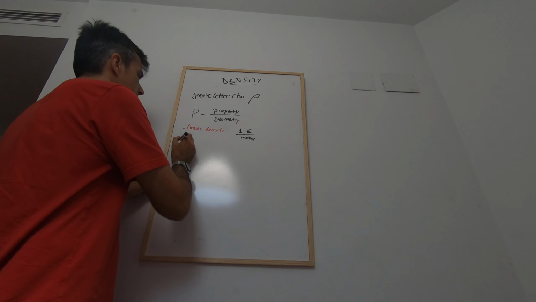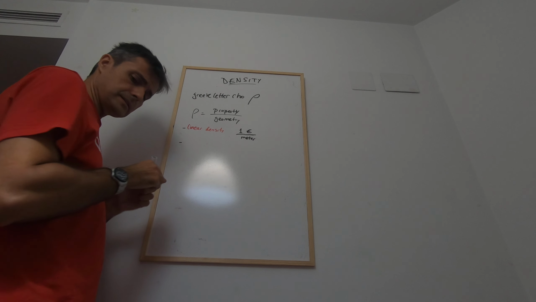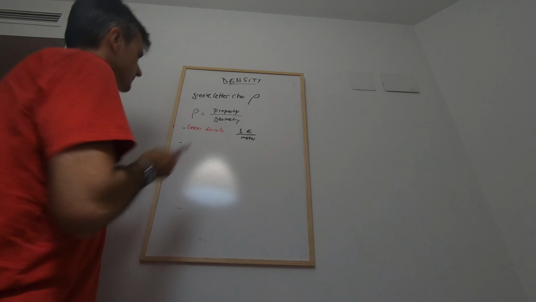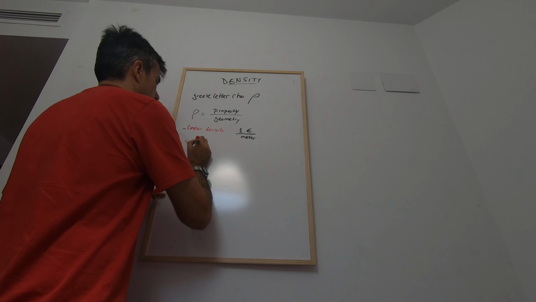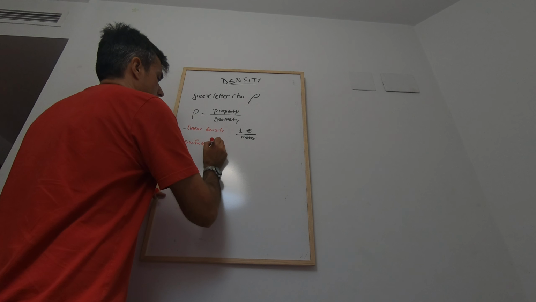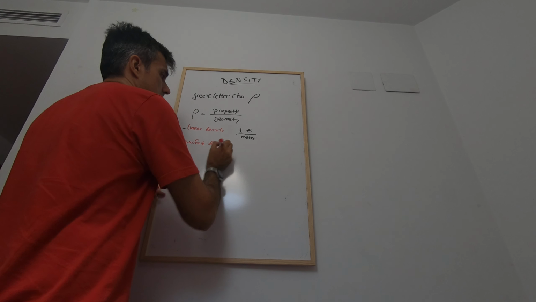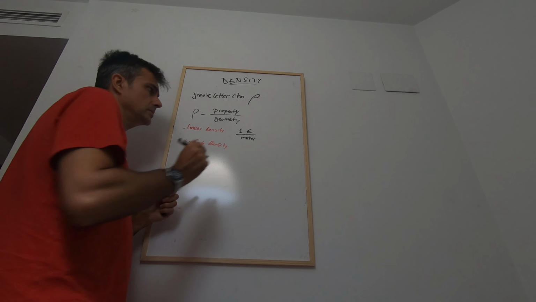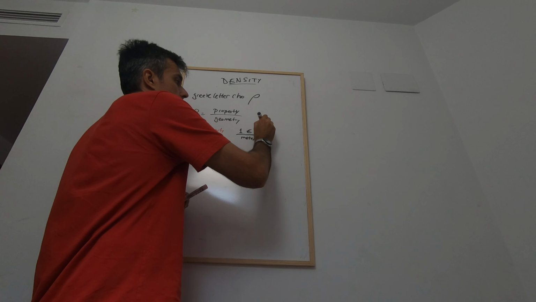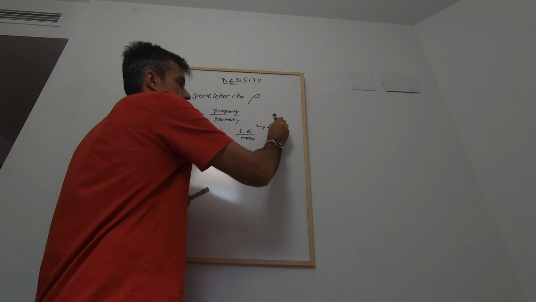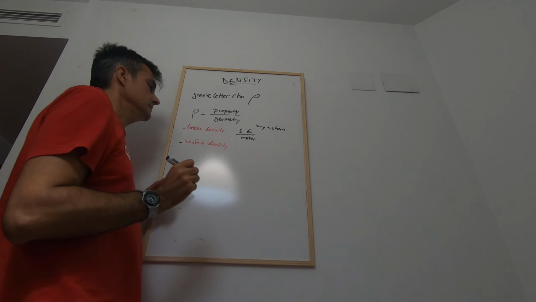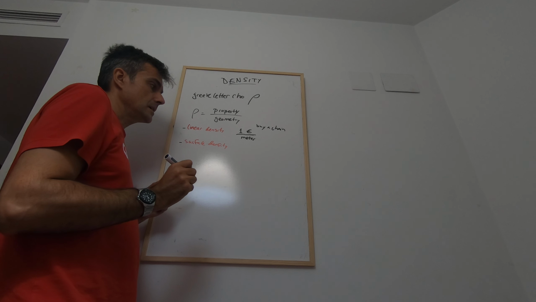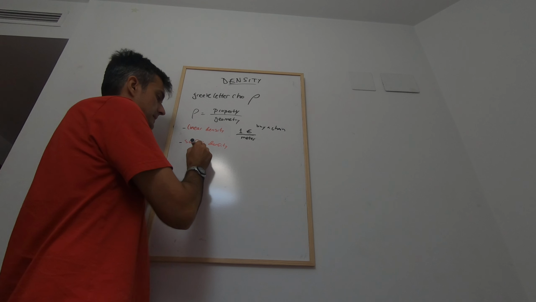Linear density. We have surface density. This is like how you buy a chain, for instance, €1 per meter. Surface density could be when you buy paint.